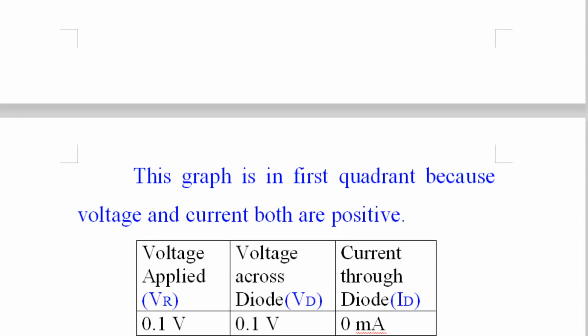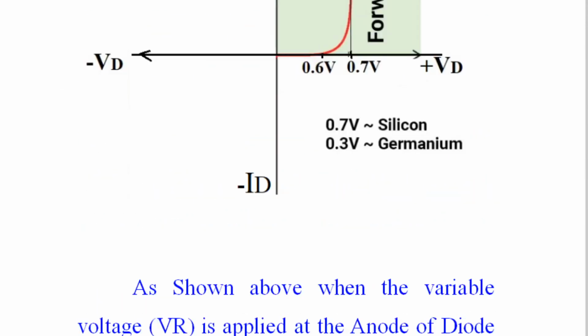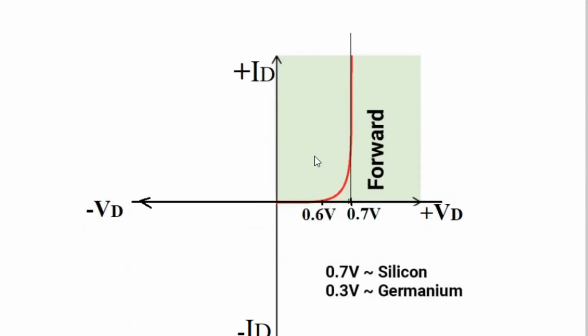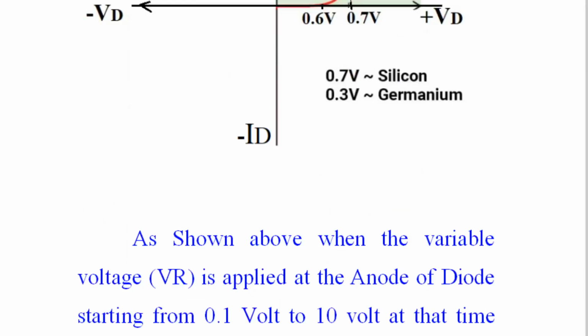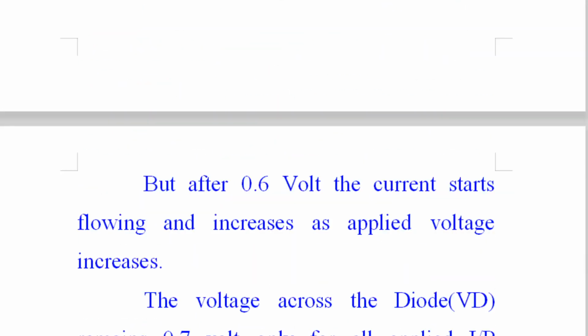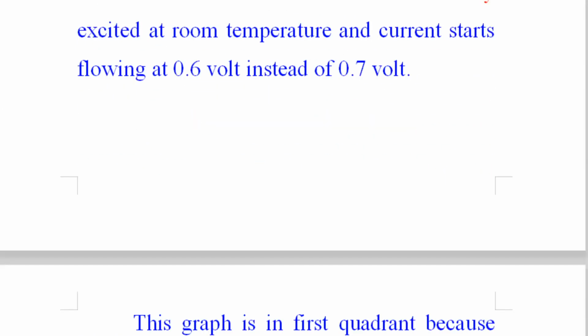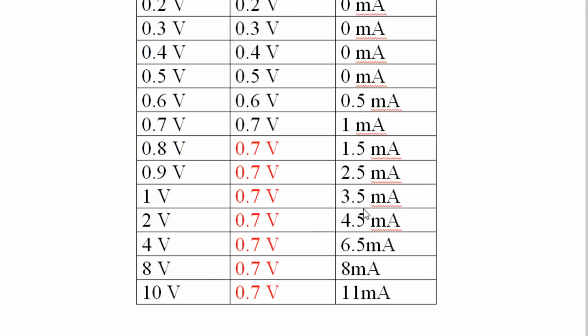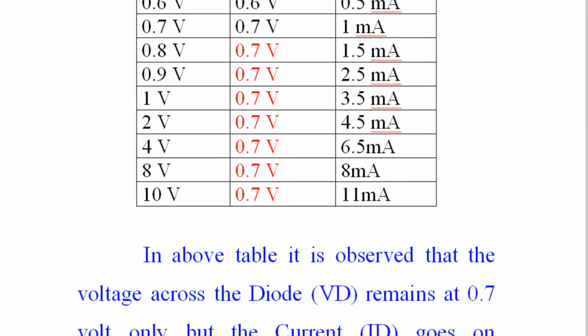And therefore in the IV characteristics diagram, this voltage is 0.7 volt only, a straight vertical line. After the diode starts conducting, the voltage measured across the diode is 0.7 volt only, and these are the IV characteristics.